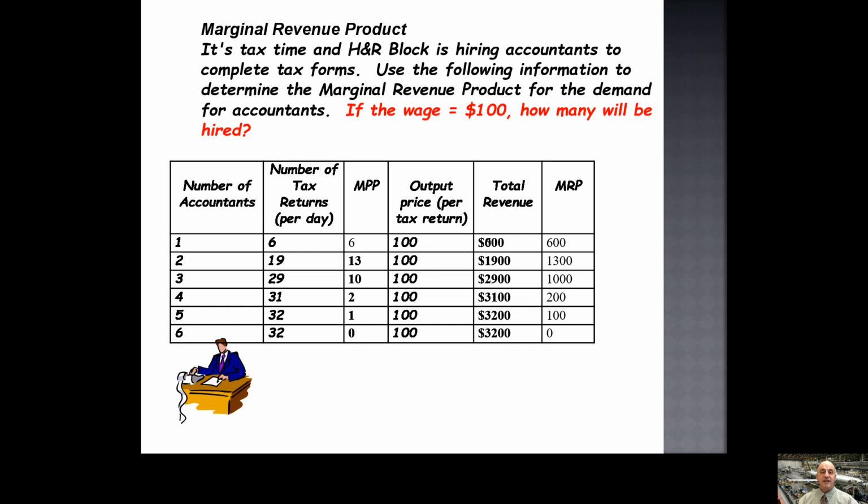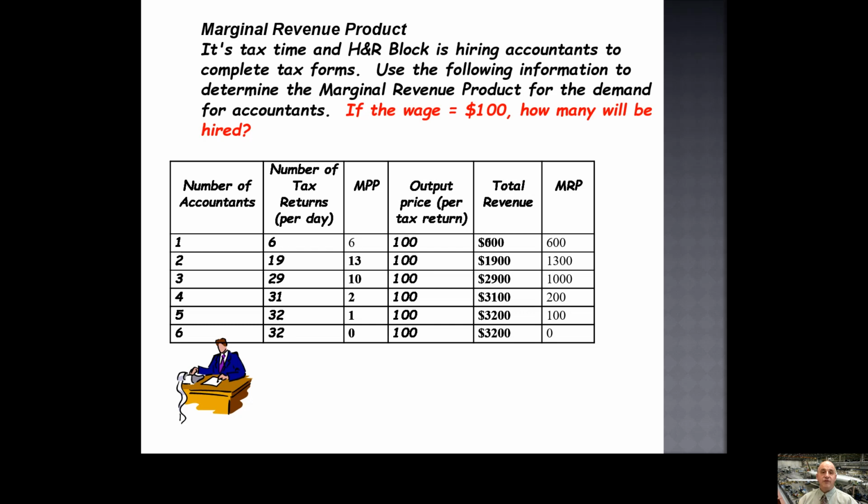So my second accountant adds 13 additional tax returns at $100 a piece, means the second accountant gave us an additional $1,300 of revenue. The third accountant gave us 10 additional tax returns at $100 a piece, means the third accountant gave us $1,000 of additional revenue.